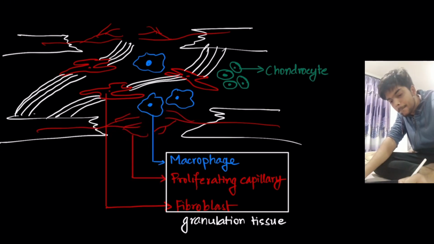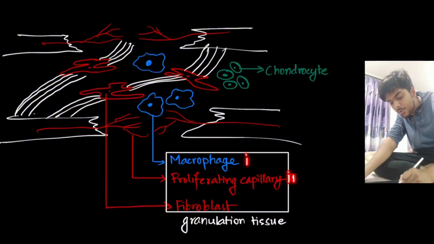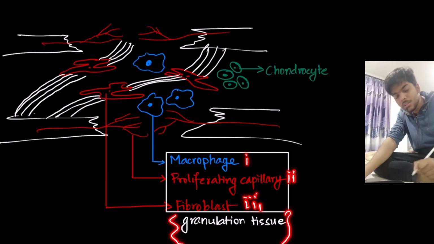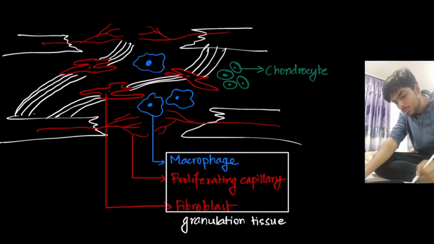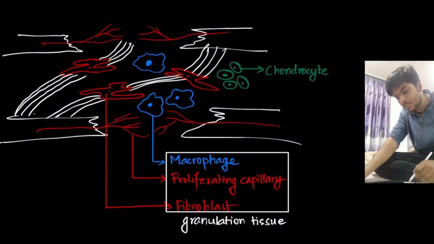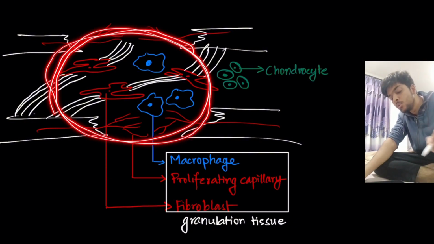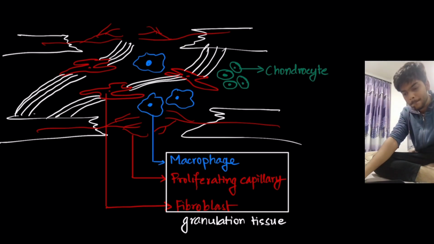We also have these fibroblast cells that are secreting collagen fibers. These three elements together are what we call granulation tissue. So granulation tissue is composed of macrophages, proliferating capillaries, and fibroblasts. So at this site, the formation of granulation tissue takes place.